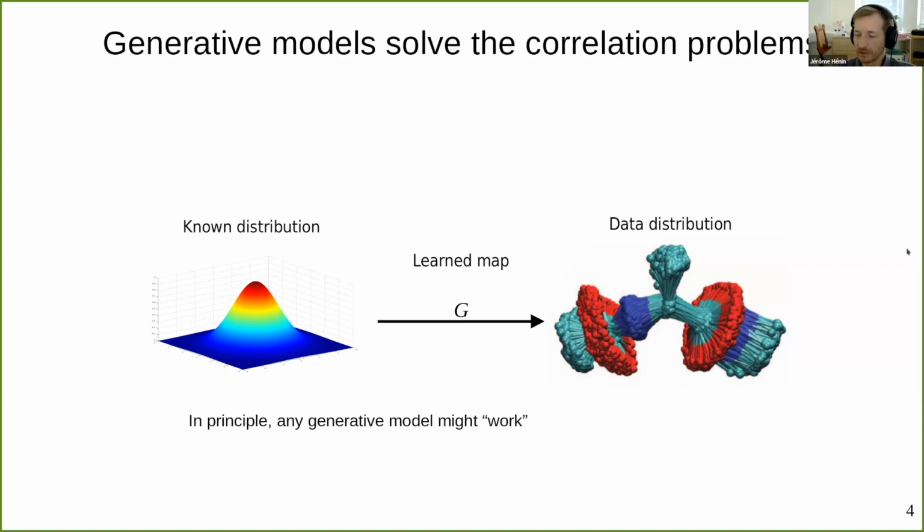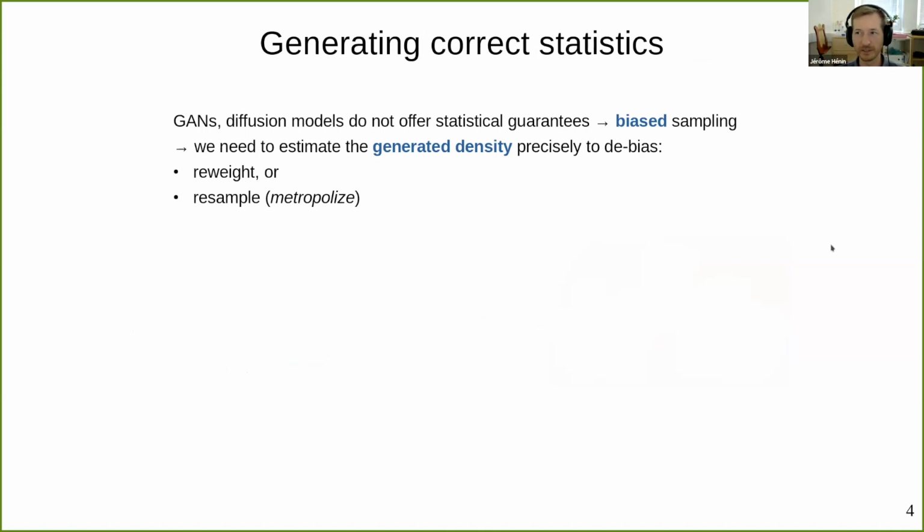The problem is we don't want something that looks right, as in something that will trick a discriminator network. What we want is to generate correct statistics because we want to make quantitative predictions. And so models like, typically, or until recently, GANs or diffusion models did not offer statistical guarantees. So you get biased samples and you have no way to work with them.